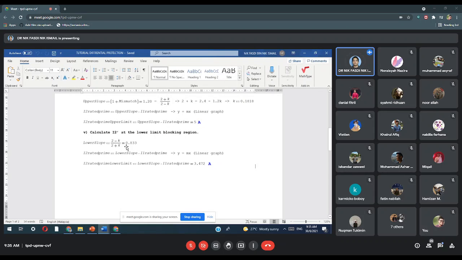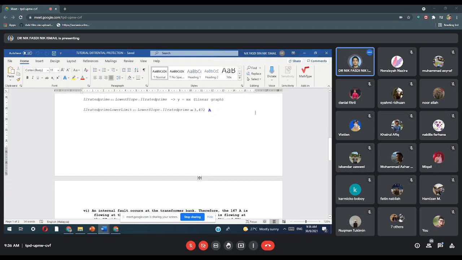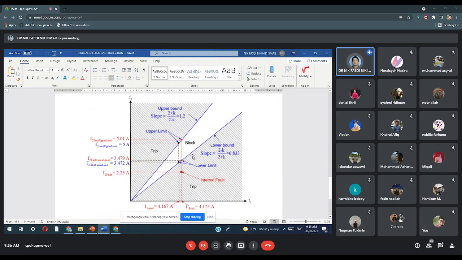So slope is 0.833 by substituting this k. Now you dapat nilai I rated for lower limit, lower slope times the I rated prime, 3.472. So you dapat nilai 3.472 untuk this current.